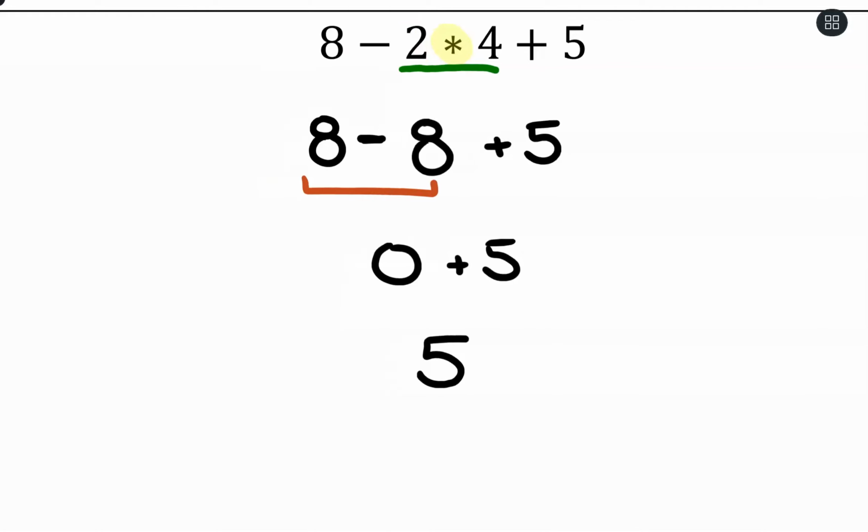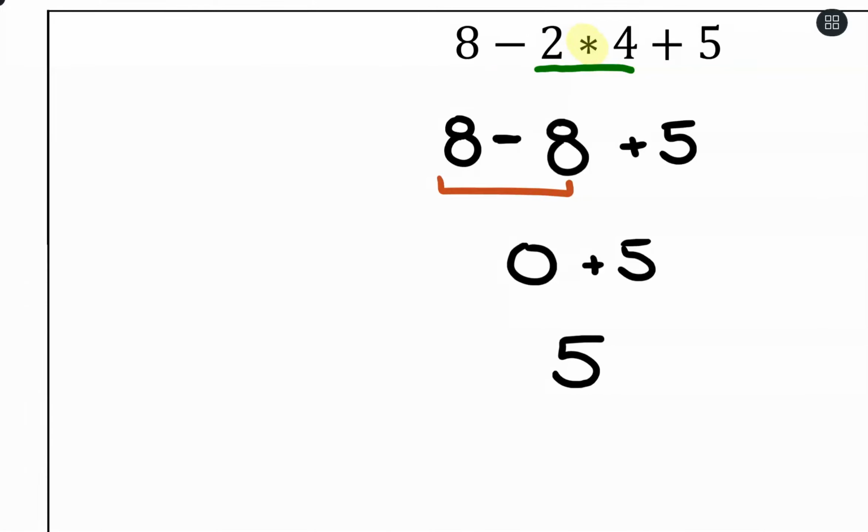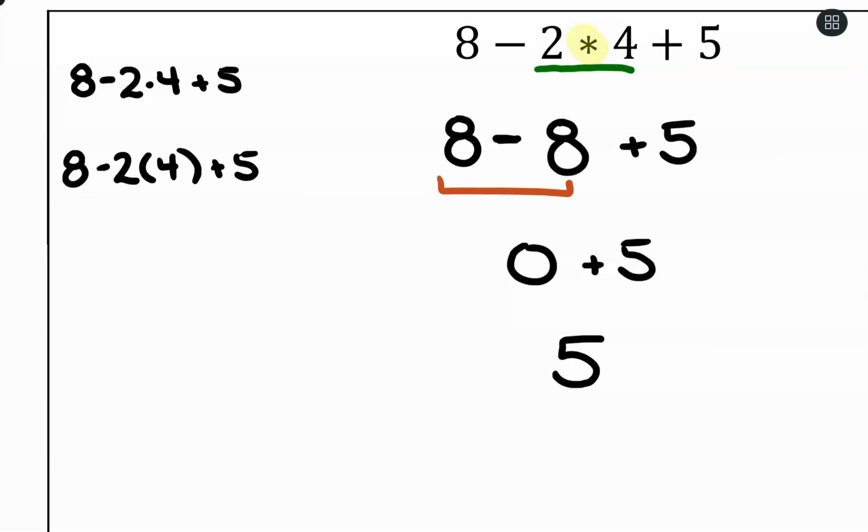Also, real quick, multiplication symbols. You'll see this little star symbol. Sometimes you'll see a dot. That's also multiplication. Sometimes parentheses are used for multiplication. So if you see 2 numbers next to each other with just parentheses, that means they're multiplying with each other.